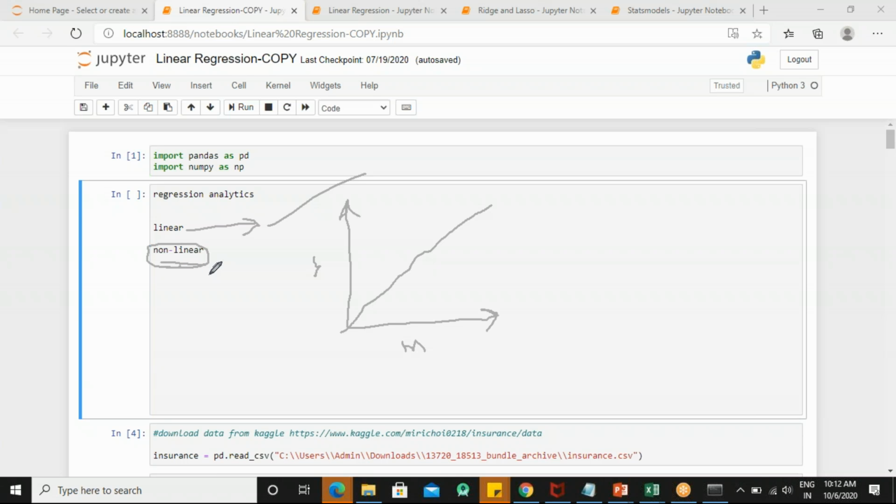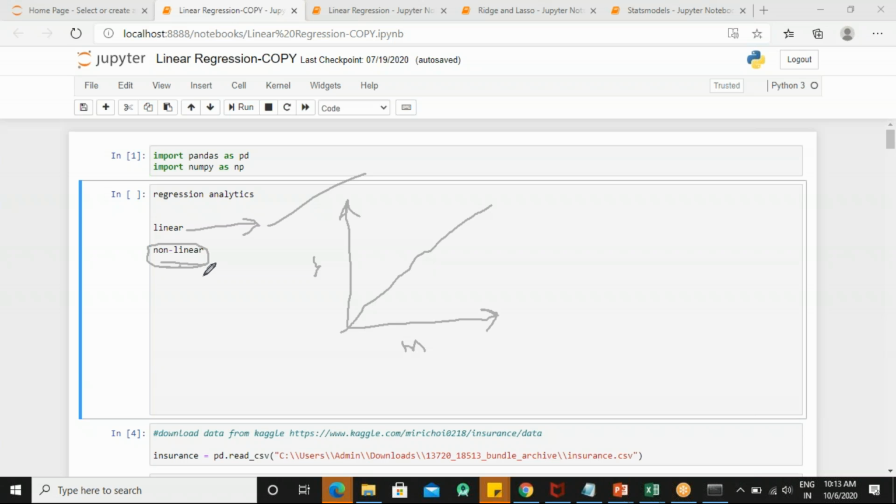I'll take it. It depends on the kernel, the kernel that you use in SVM. Which kernel in SVM helps you to do non-linear, because there are linear kernels in SVM also. Yeah, RBF, radial basis function. RBF, correct. Other than that, very good, Nishtha.